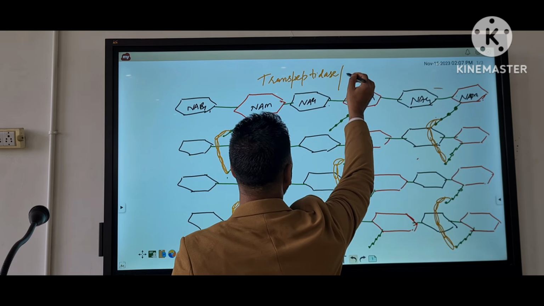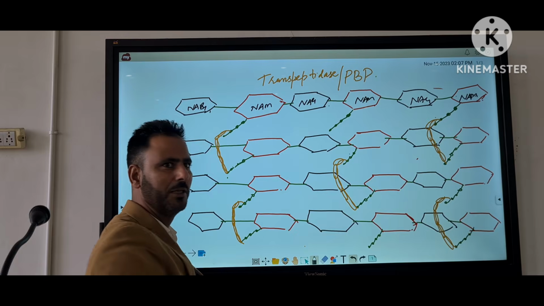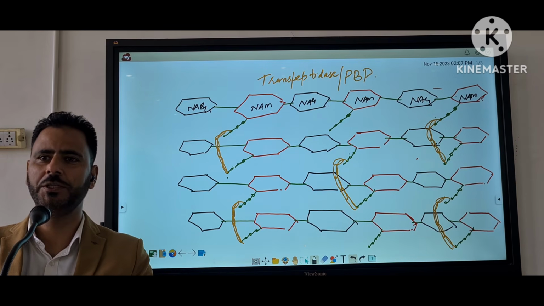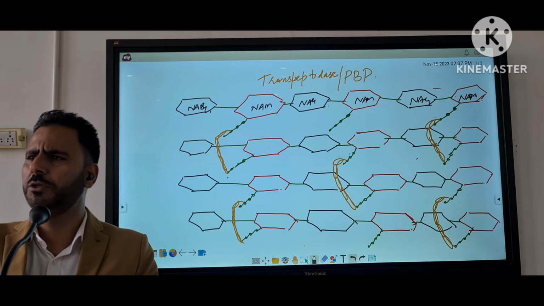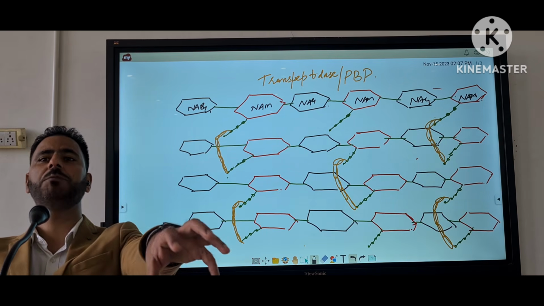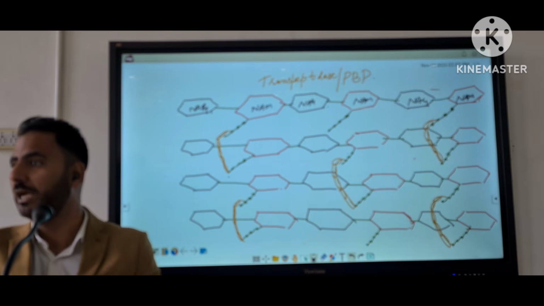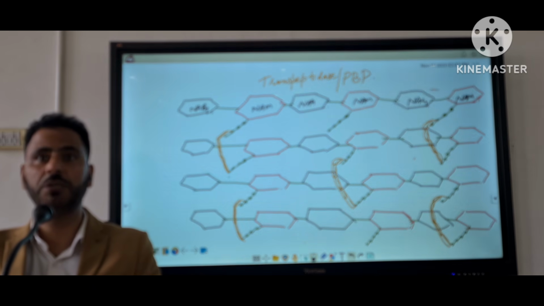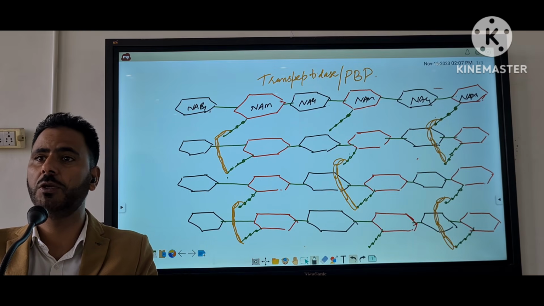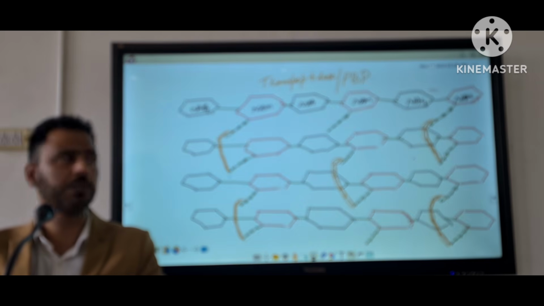Sometimes we call it penicillin binding protein, PBP. Now we are correlating with pharmacology. You might have heard most of the time that biochemistry is the central subject connecting all the other subjects, right? And really it is very true. Unless you clear the concepts of biochemistry, you are not supposed to do well in pharmacology, immunology, or even gynecology or any other subject.